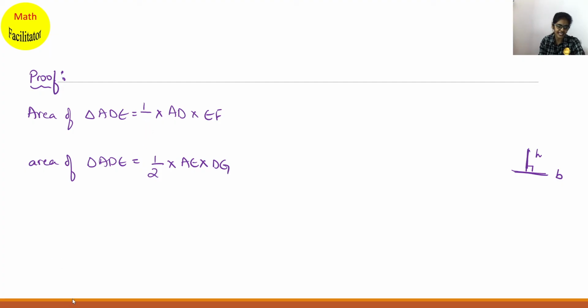So now you got the area of the first triangle in two ways. Whatever perpendicular you draw is the height, and this is the base. Two perpendiculars, so two heights and two bases.